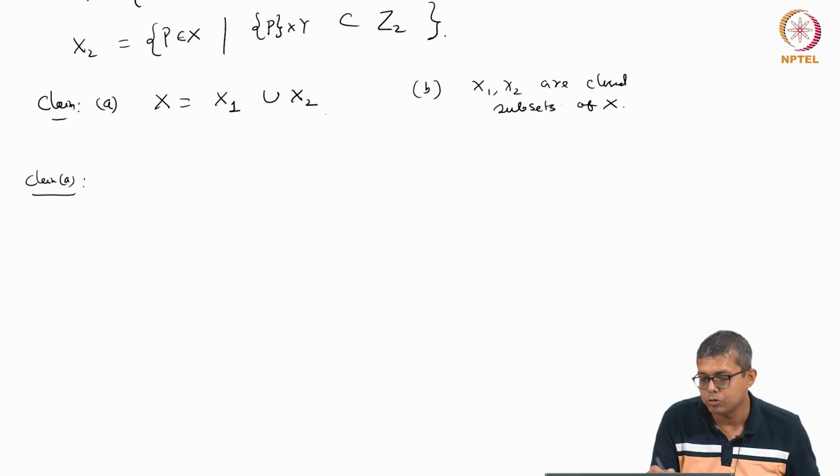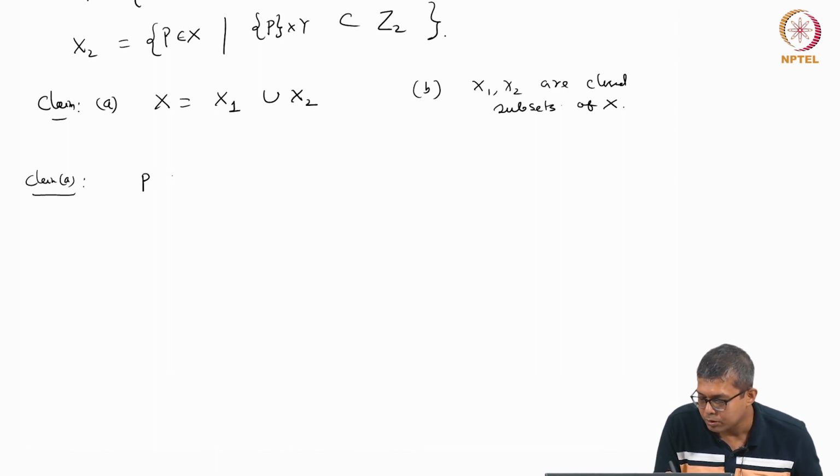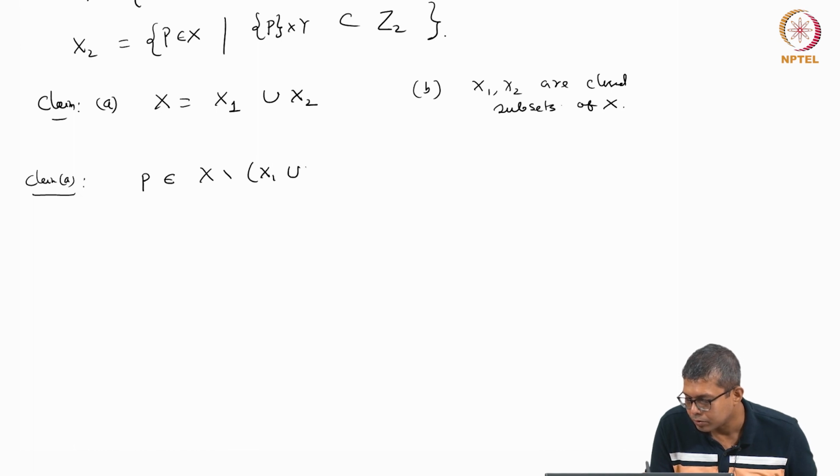So claim A. Suppose it is not; again I prove by contradiction that P belongs to X minus (X1 union X2).